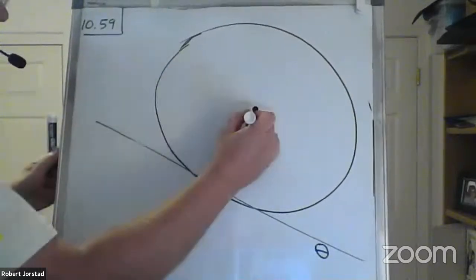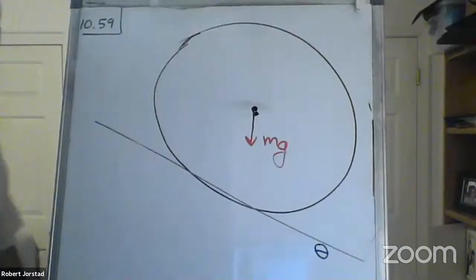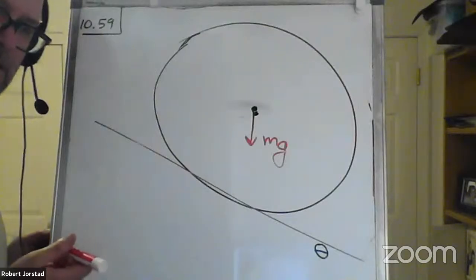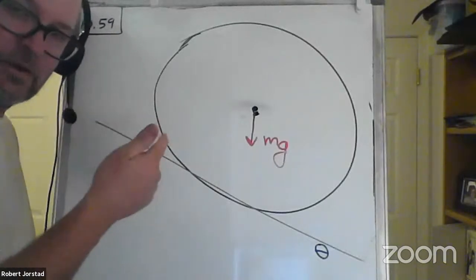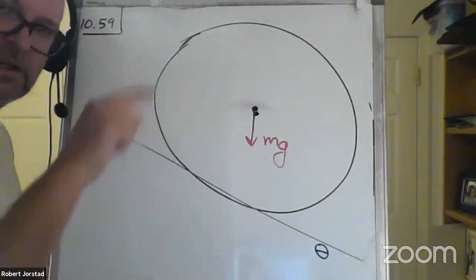What's another force acting on this thing? Somebody else. I forget the name, but is it the R pointing up? R? You mean the reaction force at the pivot? Thank you. Yeah, but this doesn't have a pivot point in that sense. There's no screw, right? This is a ball rolling down a hill. So there's a normal force.